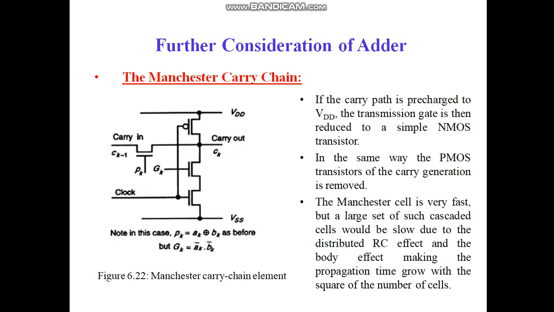It has two phases. One is the precharging phase and the other one is the execution phase, and care should be taken that the inputs are not changed during the execution phase.